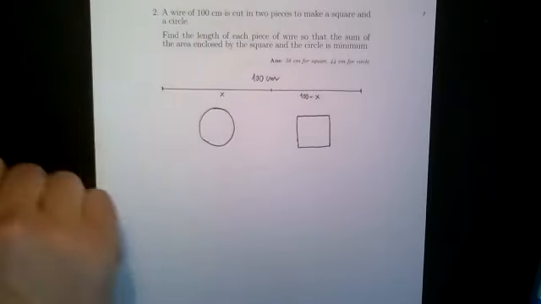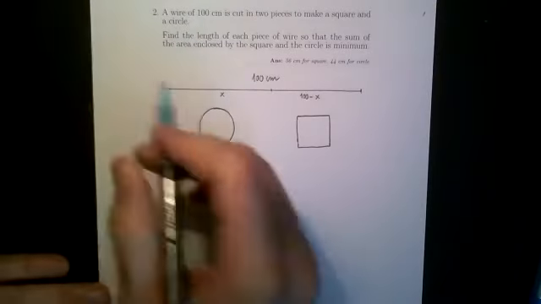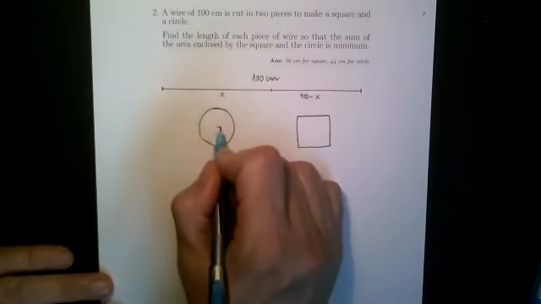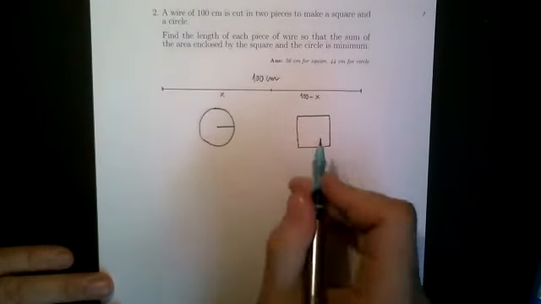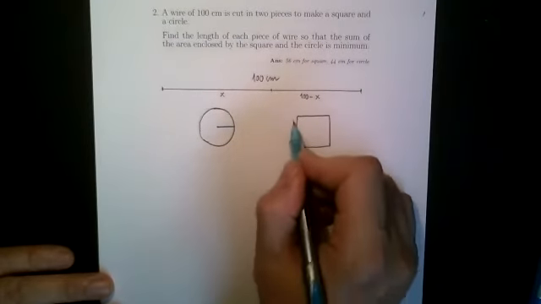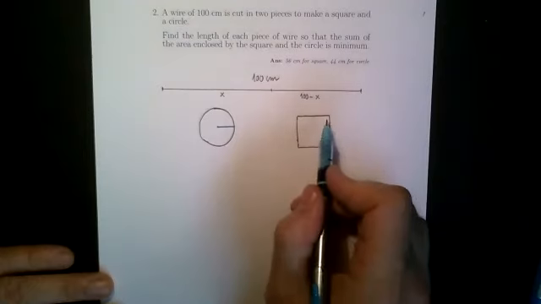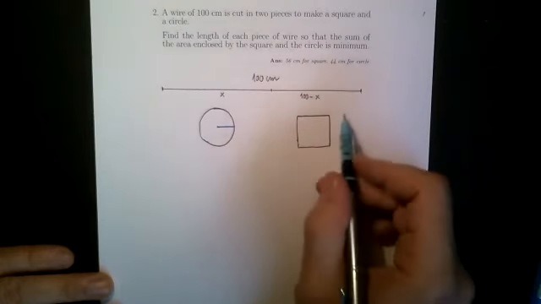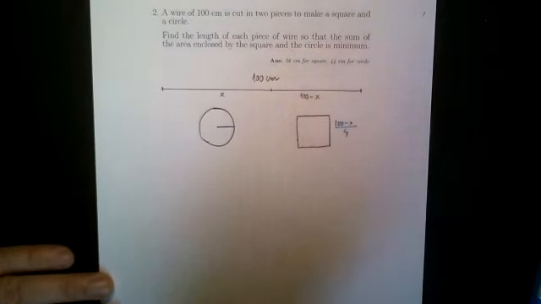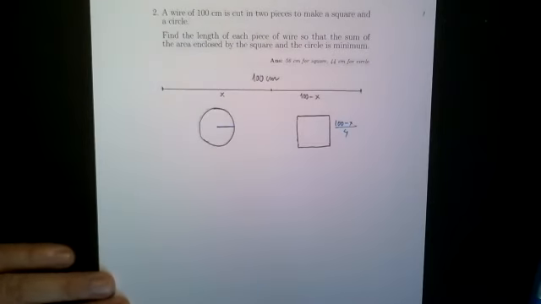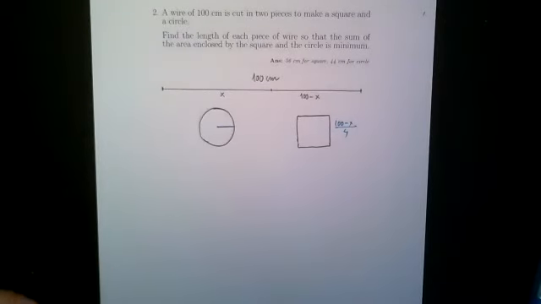So what are the dimensions here? The circumference here is x, and the perimeter here is 100 minus x. So if the perimeter is 100 minus x, each side is 100 minus x over 4. What if we choose the square for x?